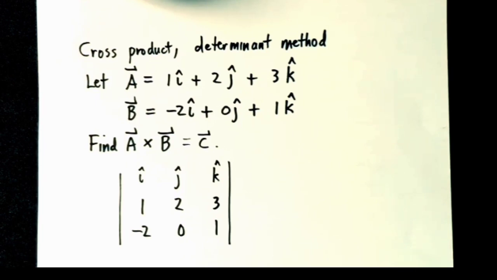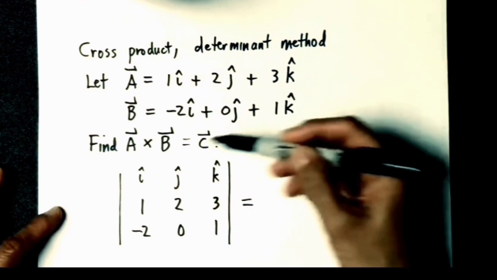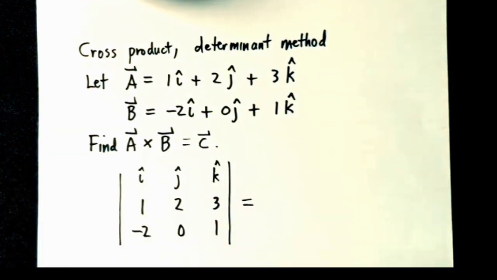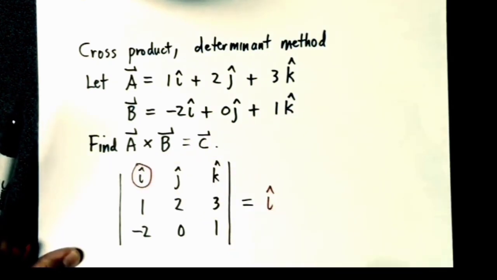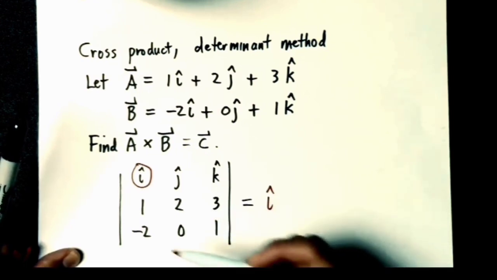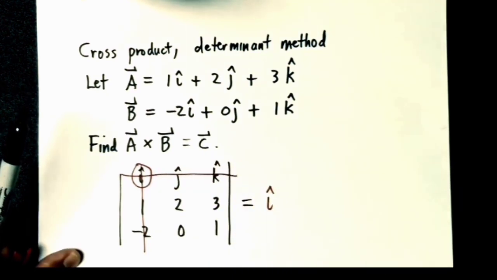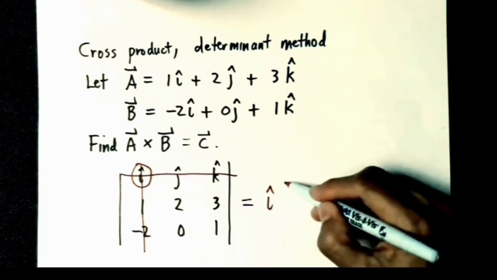So what you have to do is take the first row, and you're going to focus on the I hat over here. And write I hat, and then you're going to cross out the column and row containing the I hat, like this. And that leaves you with the 2 by 2 matrix, and I'll just draw the matrix like this.